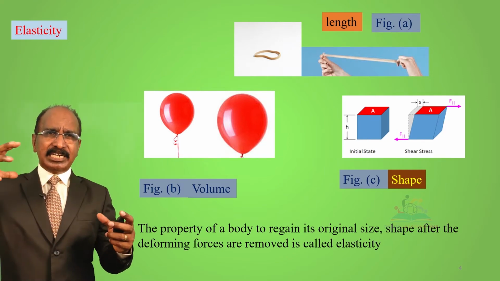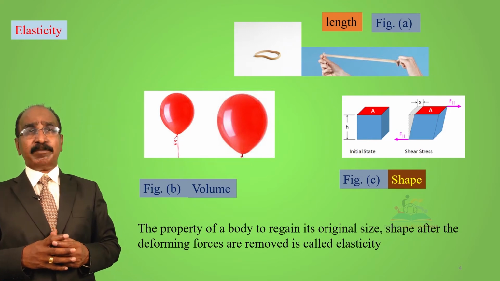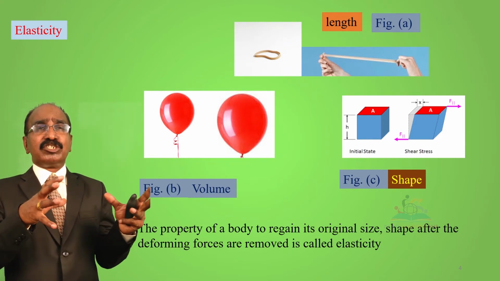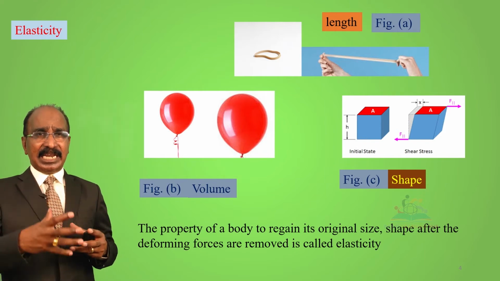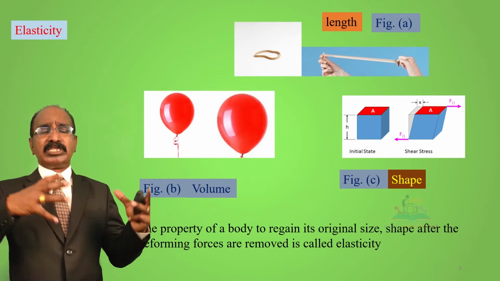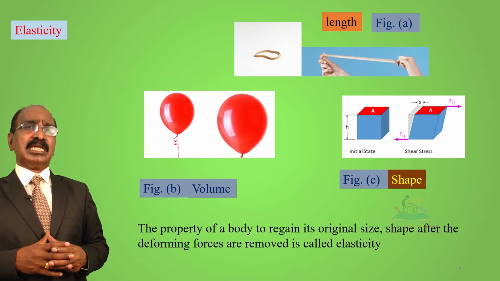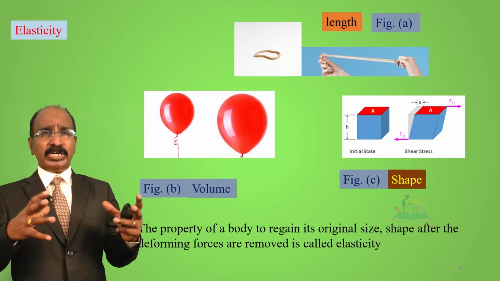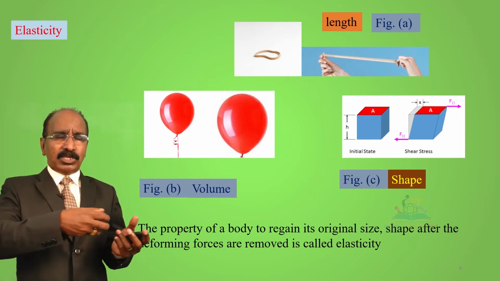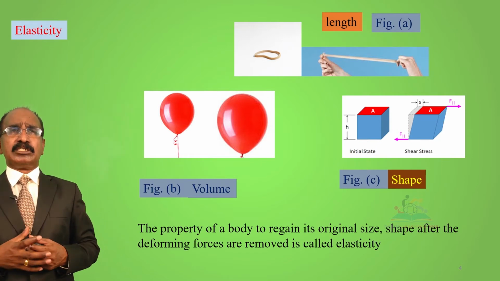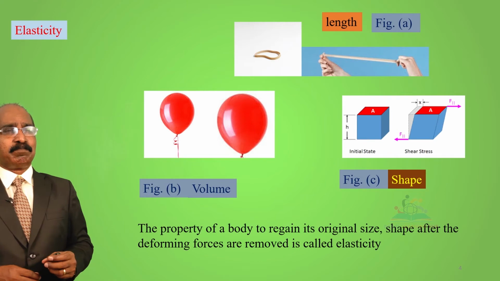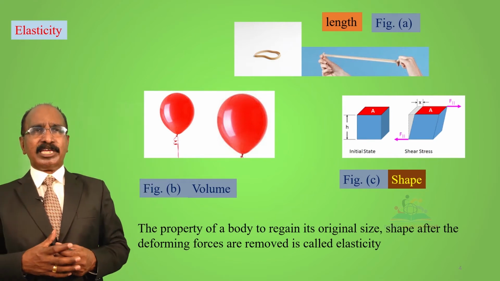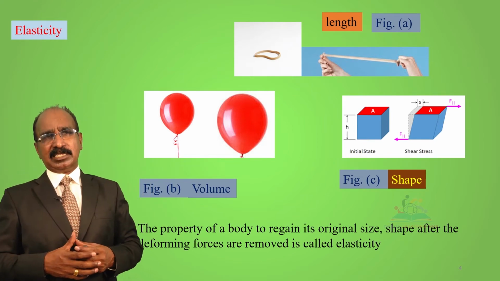So when you apply a deforming force on a certain body, the body is said to be strained. When I say strained, either the length or the size or the shape changes. Now if you remove the deforming forces, if you take the first case of the rubber band, if you remove the force that you are applying, it will regain its original length.